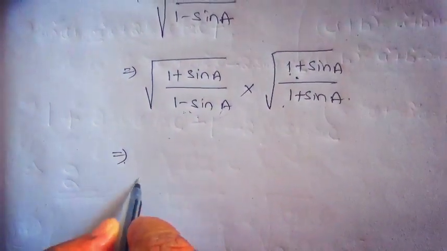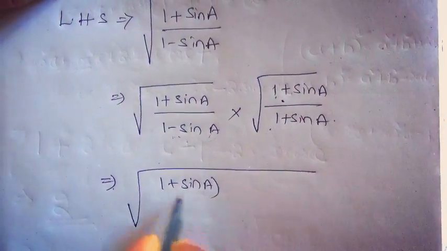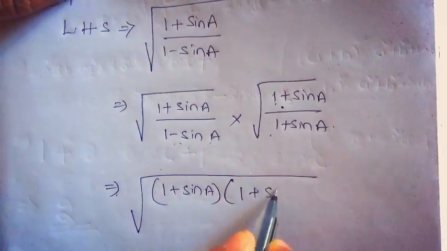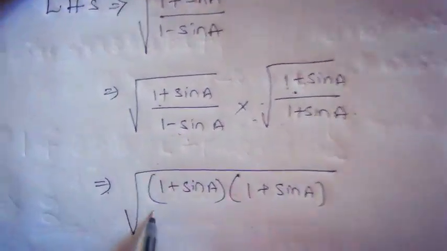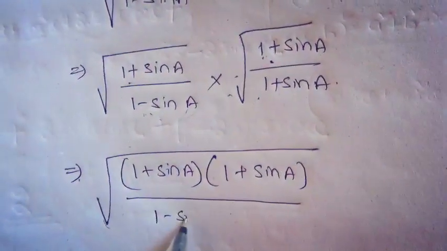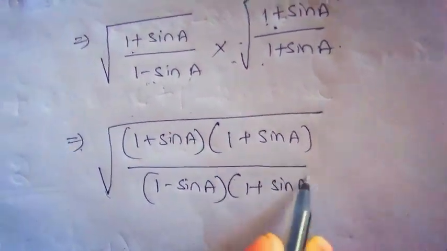That implies square root of (1 plus sin a)(1 plus sin a). Both roots are there, no? That's why I am taking the whole root, by (1 minus sin a)(1 plus sin a).